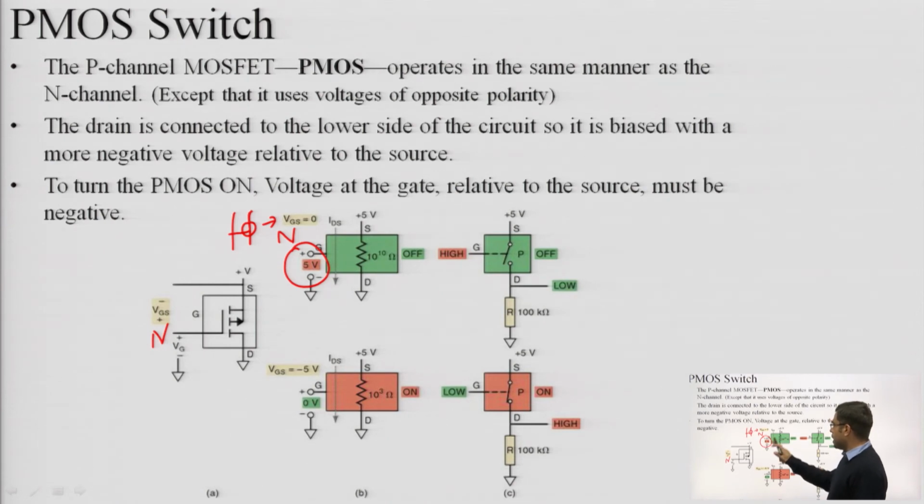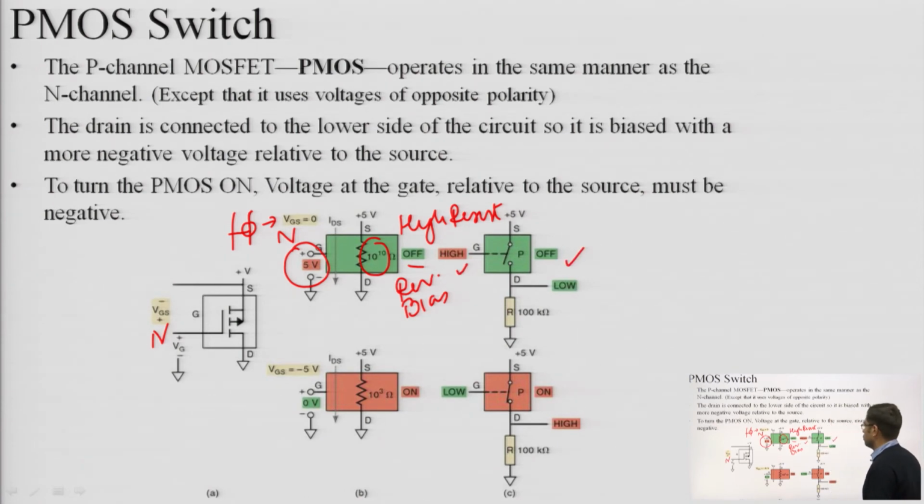If you are applying a high voltage to the N side, again high resistance due to reverse bias will be generated, that's why it will be off. That means if we apply high gate voltage, output will be off.